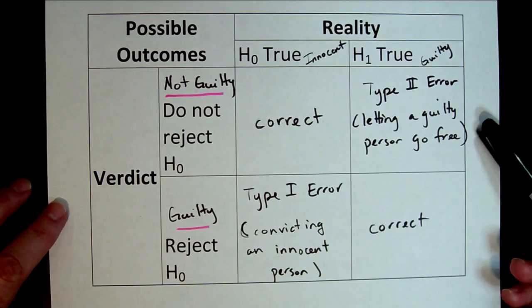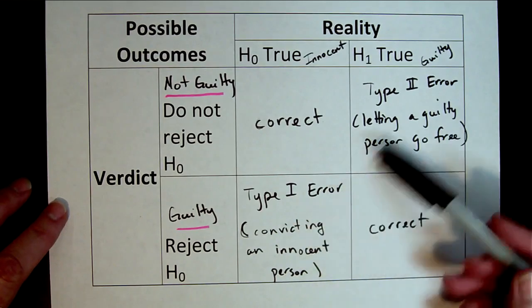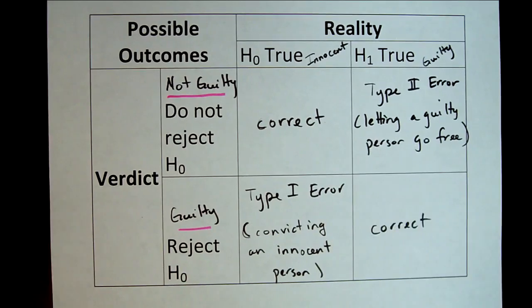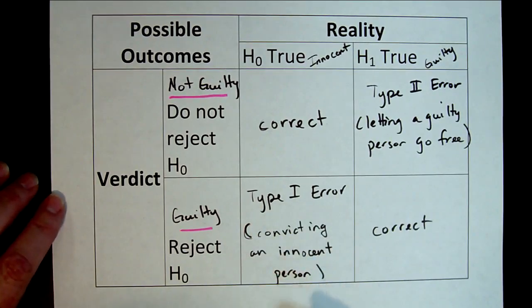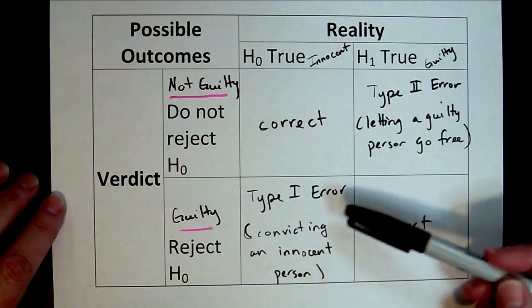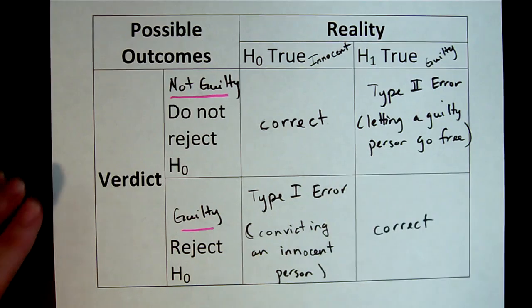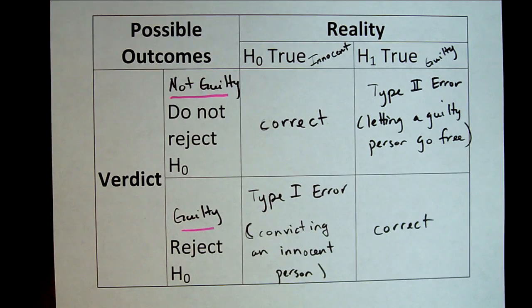So you have to decide where's the balance. We've decided this one's more important, but how do you set things up so that there's a good balance between those two types of error?